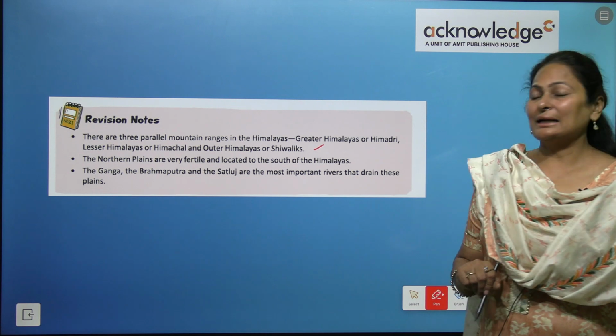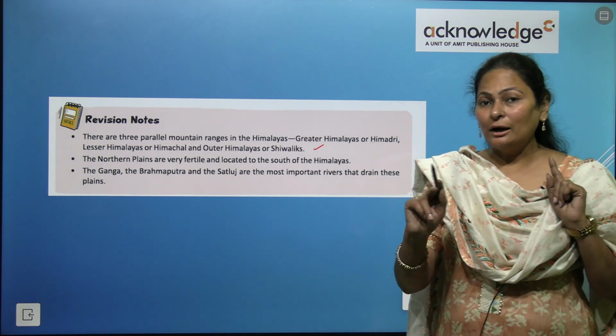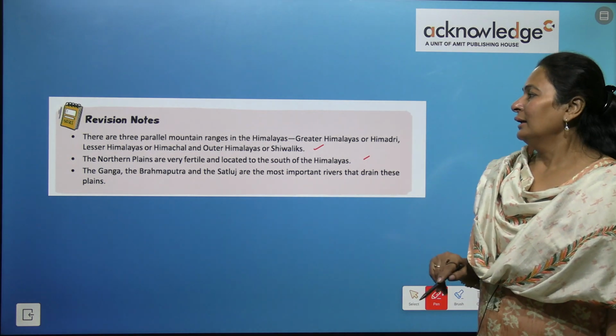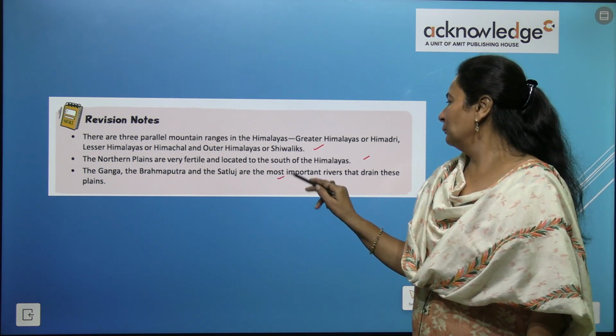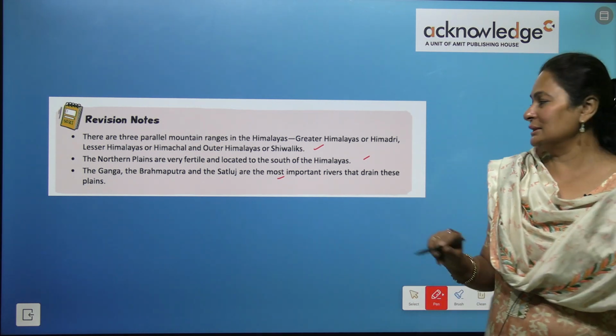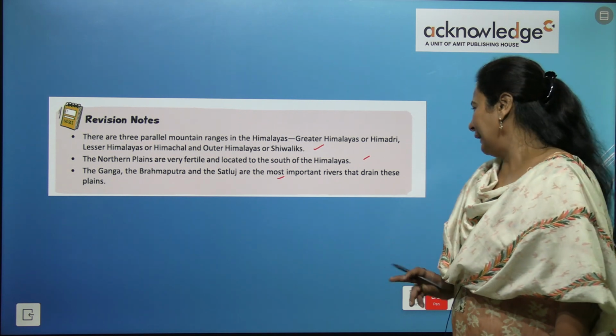The northern plains are very fertile and located to the south of the Himalayas. The Ganga, the Brahmaputra and the Satluj are the most important rivers that drain these plains, right?